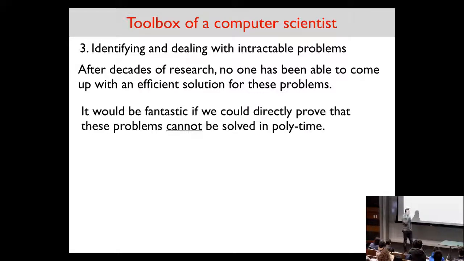So we have not been able to come up with efficient algorithms. And to be honest, most people don't expect that there is an efficient algorithm for these problems. It would be great if we could just prove that. And we just say, you know what, here's a proof that the SAT problem cannot be done in polynomial time.